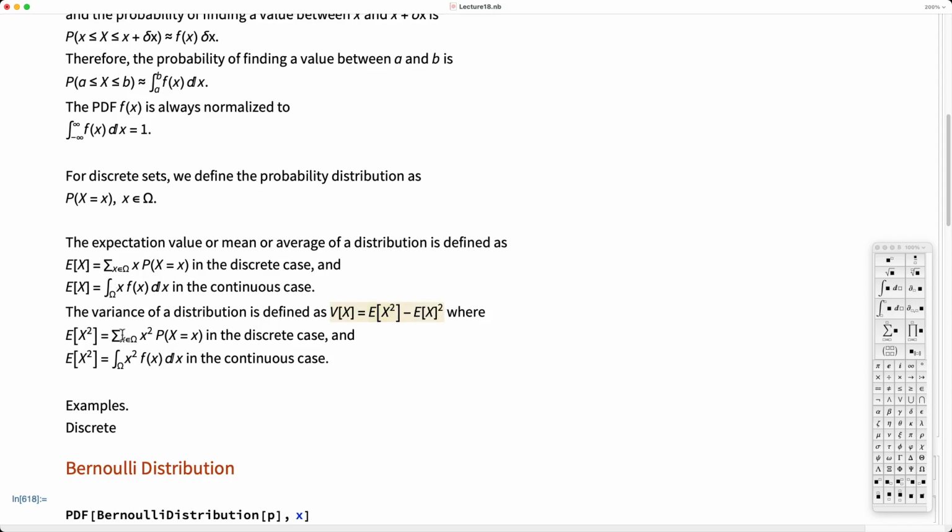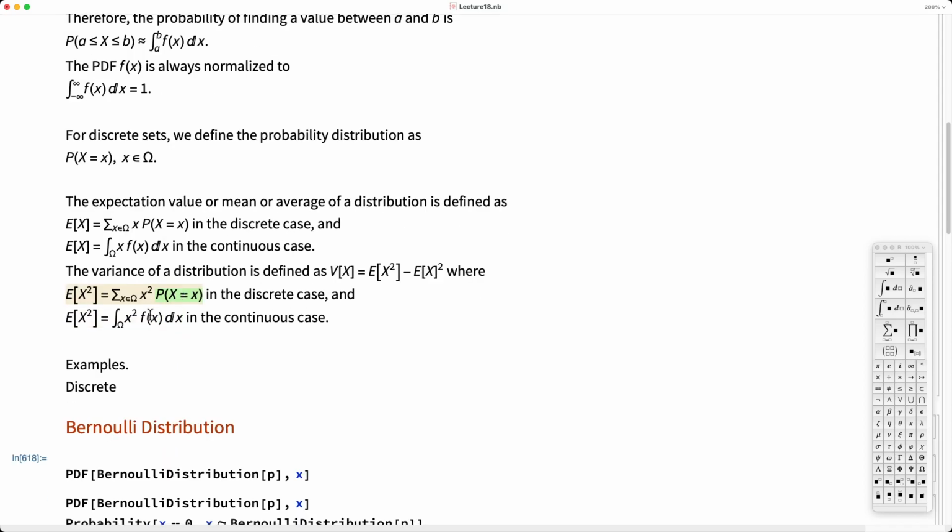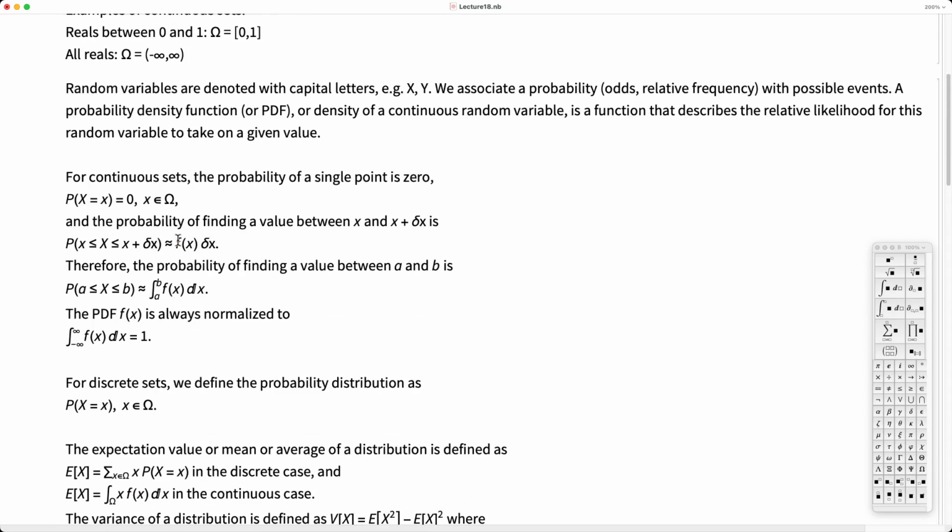So that means E of x squared is given by a sum in the discrete case, or an integral in the continuous case, and we're basically weighing x squared with a probability for each x. And here in the continuous case, the infinitesimal probability is f of x dx. So we're weighing it by this infinitesimal probability as indicated here.